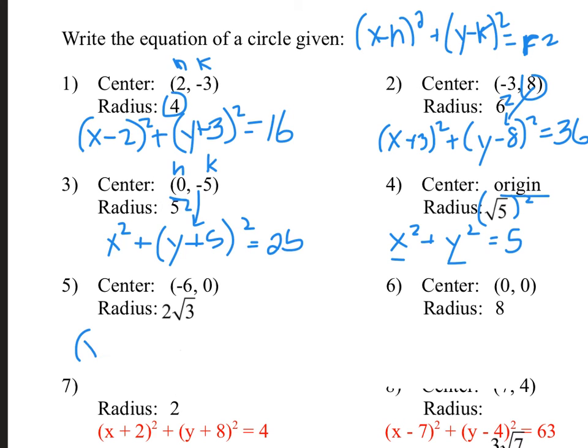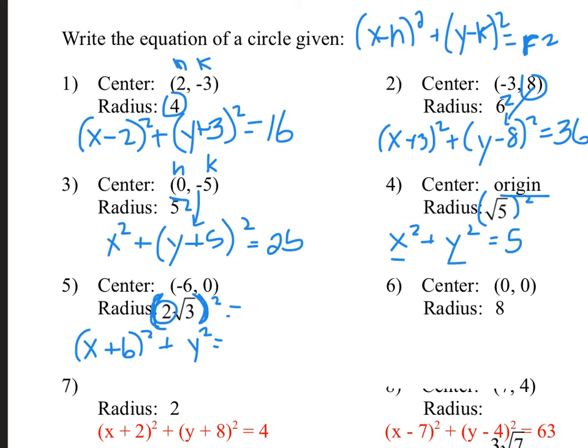X, remember h is x, so -6 changes to +6. And then if we add 0 to y, it's just y squared. And then this guy squared is a bit more involved. So if you're putting this in those calculators, the online calculators, any app that you got, you have to square the 2 and that.